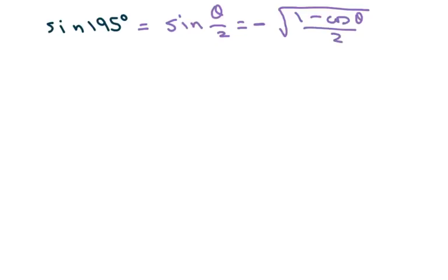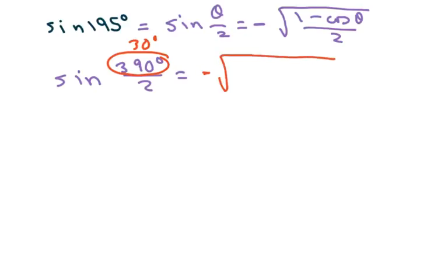Now, 2 times 195 is 390. You can just keep it that way. We know that 390 is coterminal with 30 degrees. So I'm going to go ahead and just use the 390, but it's the same place as the 30.